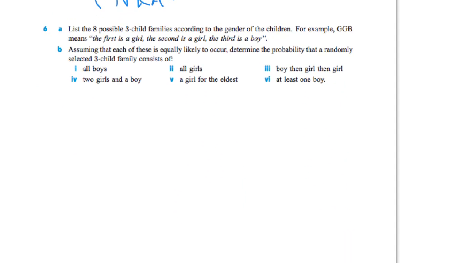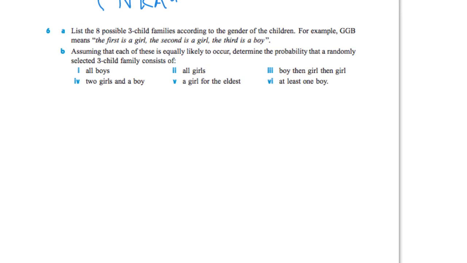All right, how about 8 possible 3-child families by gender? Okay, so by gender, 8 possible. I'm going to again suggest that it's ideal to think about this vertically. I'm going to start you off here with boy, boy, boy.